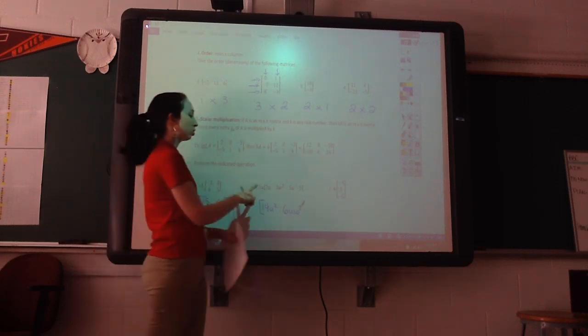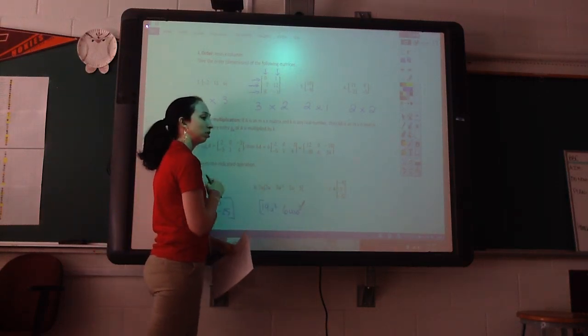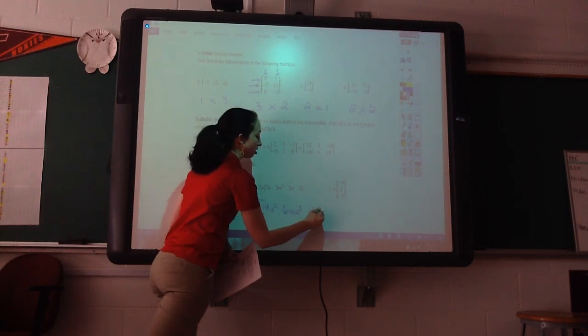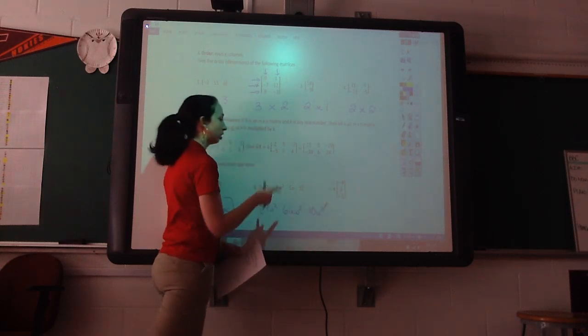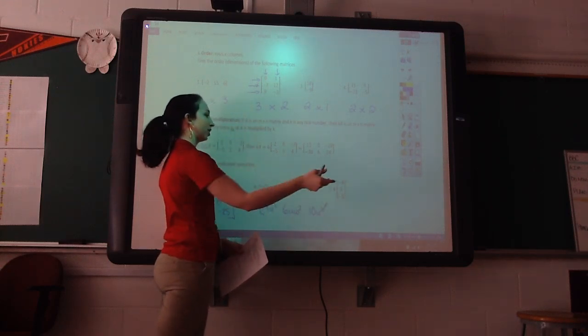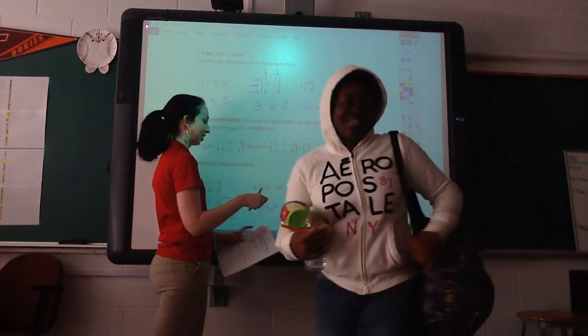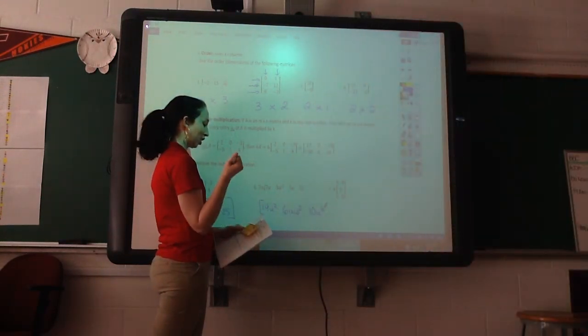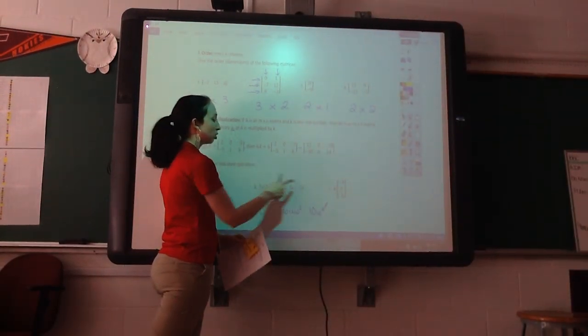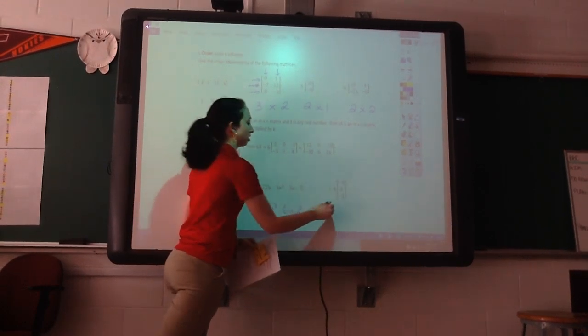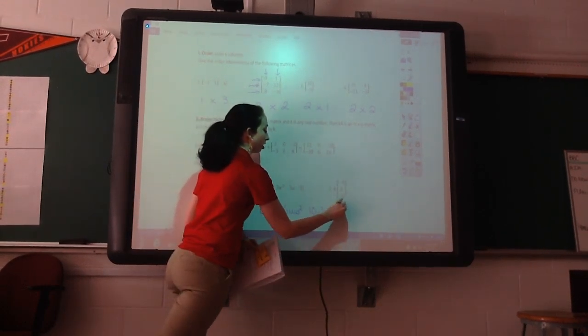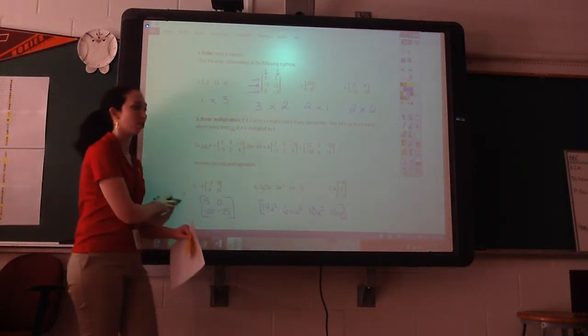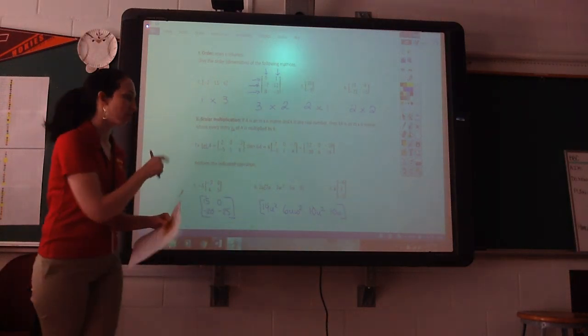It looks better. All right, 2u times 5u. 10u squared, and then 2u times 5 is 10u. And so that would be your answer to that scalar multiplication. Try the last one on your own.